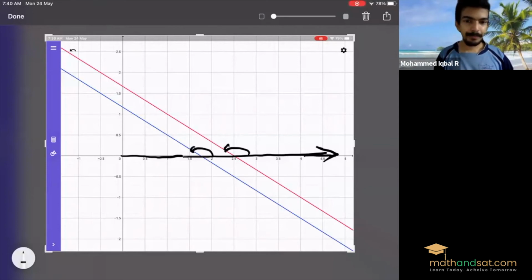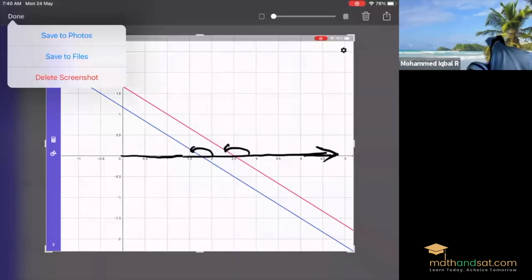I've already told you that slope is an indication of the direction, or you can say that slope is an indication of the angle the line makes with the positive direction of the x-axis. So if they have the same slope, it simply means that they are either parallel or coincident.